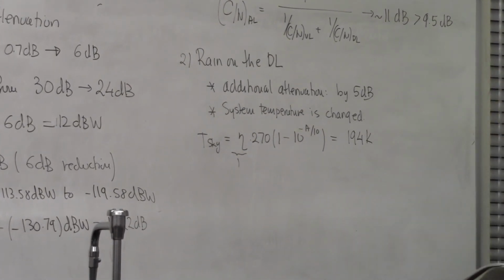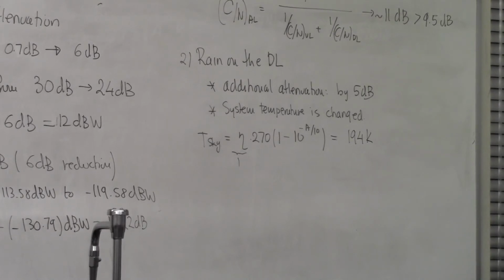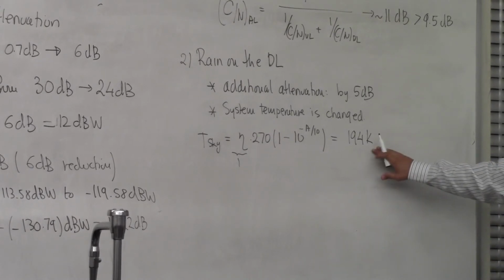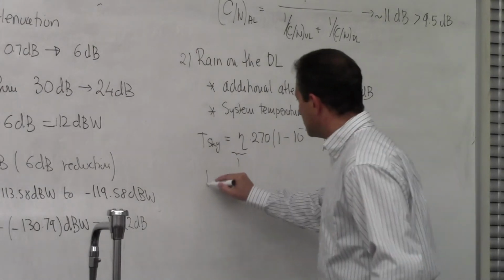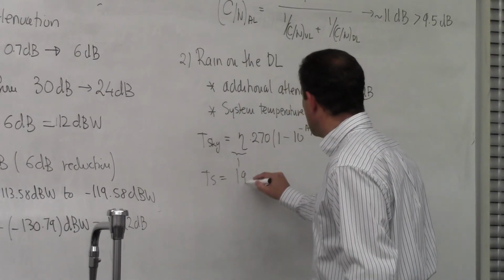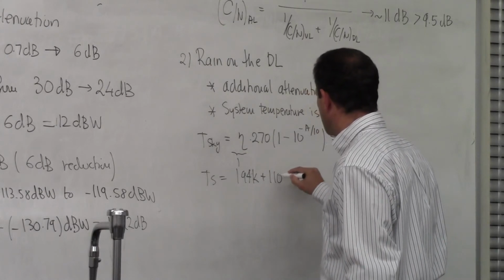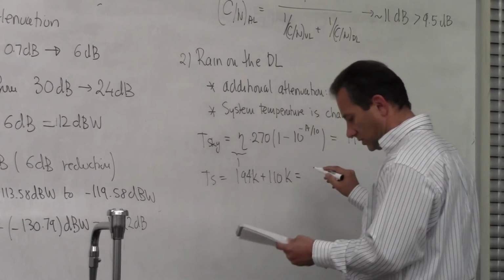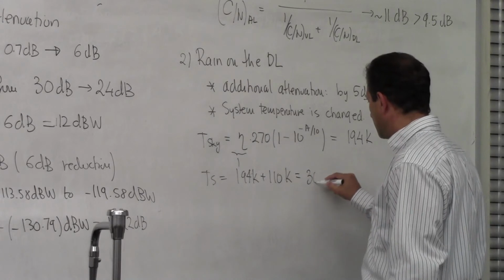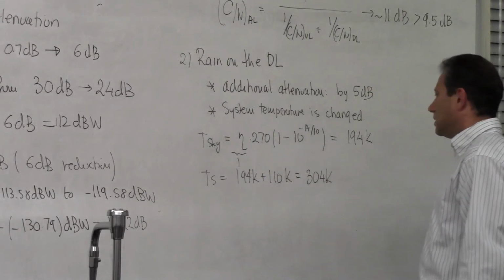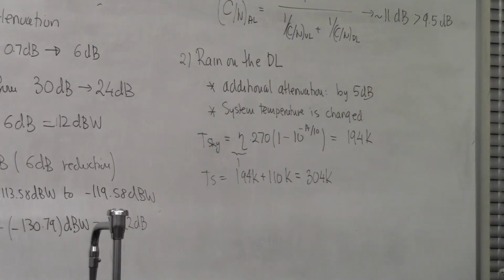So the overall temperature from the sky now becomes 194K, and the system temperature becomes 194K plus the front end guy, which is 110K, which gives you the system temperature of 304K. So that increases the noise.